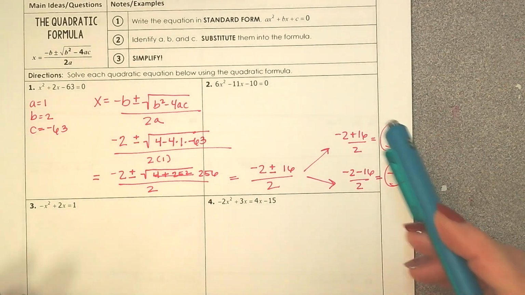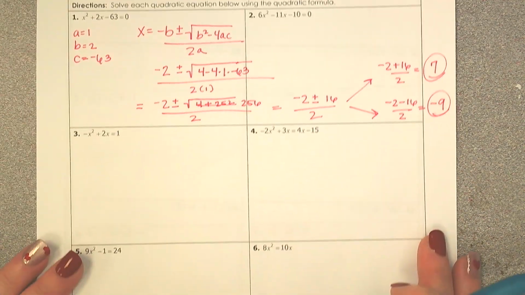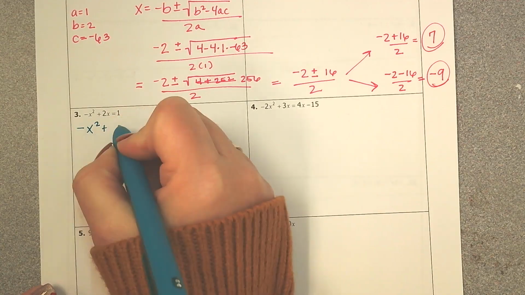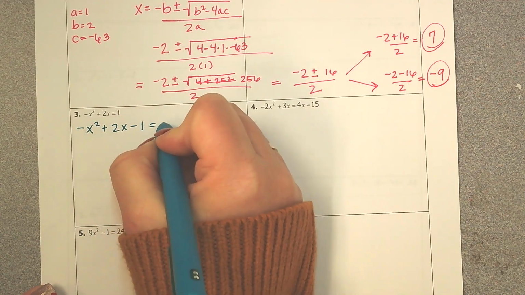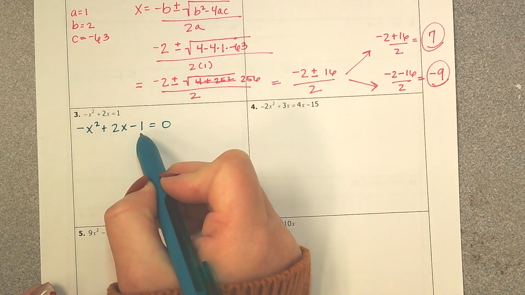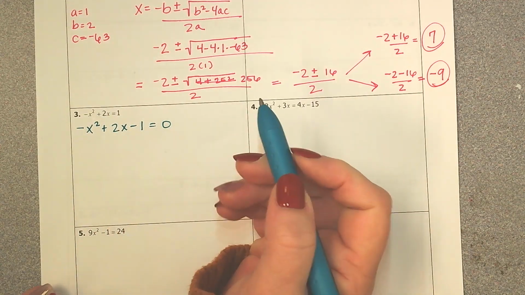I'm going to move down to number 3 because I took up all that room over there. Put it in standard form first. You have to bring the 1 over by subtracting it. It becomes negative. What are a, b, and c?